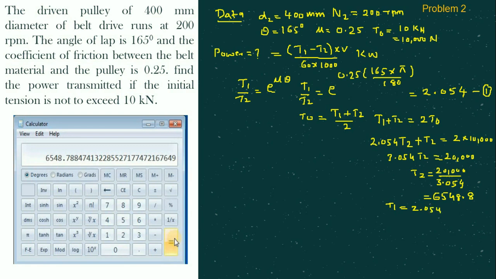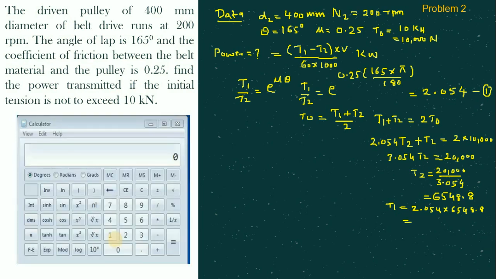T1 is equal to 2.054 multiplied by 6548.8.